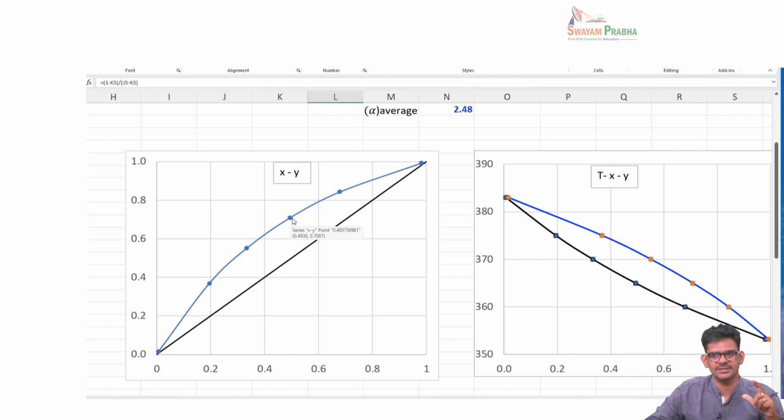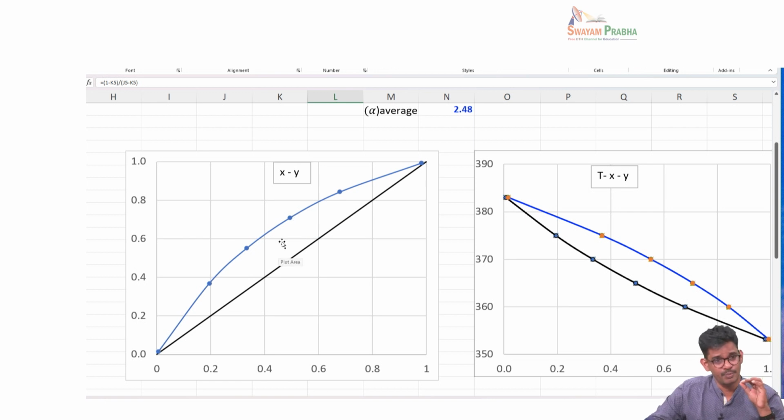This is happening because the two components are differently volatile. One is more volatile than B, that is why compared to the liquid phase composition, the vapor phase will be rich in the volatile compound. Okay, that is a very fundamental idea behind distillation.